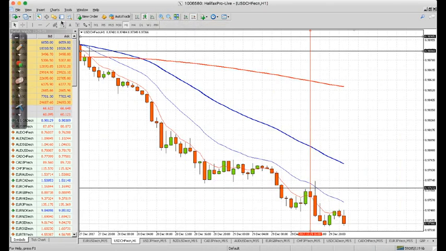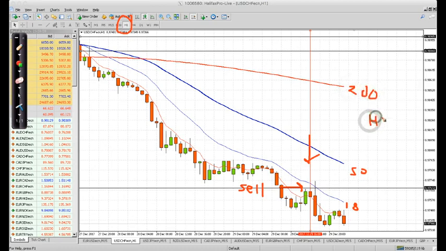So you can see that over here, where I intend to sell at this point in time, on the hourly time frame, it is also on a downtrend. Okay, because the 18 is below the 50, is below the 200. So the H1 hourly is aligned to the 50-minute candles.